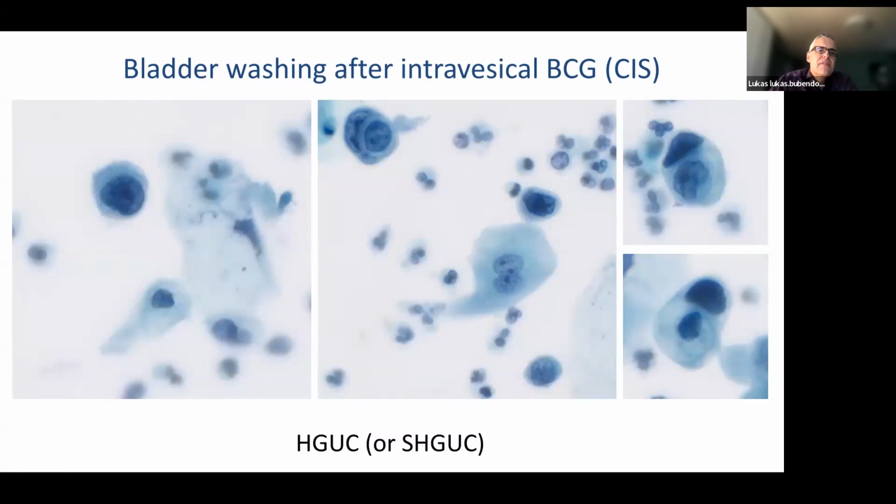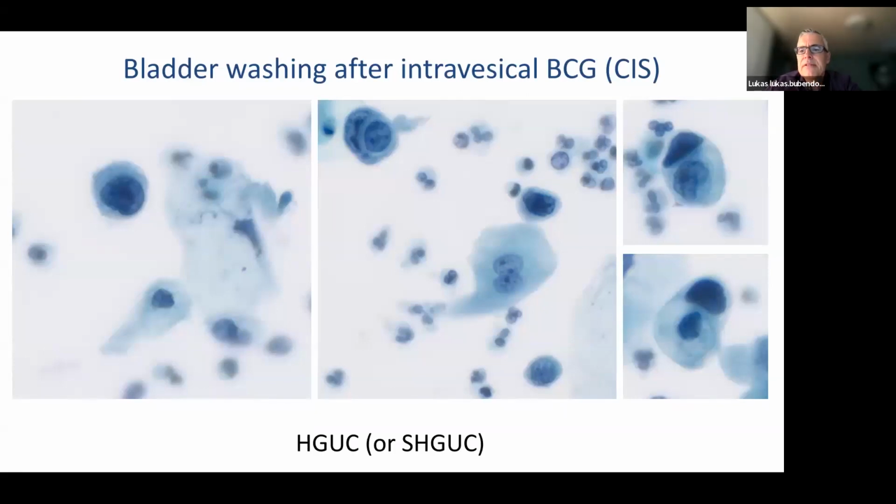Yeah, that's a case of bladder washing after intravesical BCG in a patient with previously confirmed carcinoma in situ. And you can see here that you have several cells which meet the criteria of high-grade urothelial carcinoma.